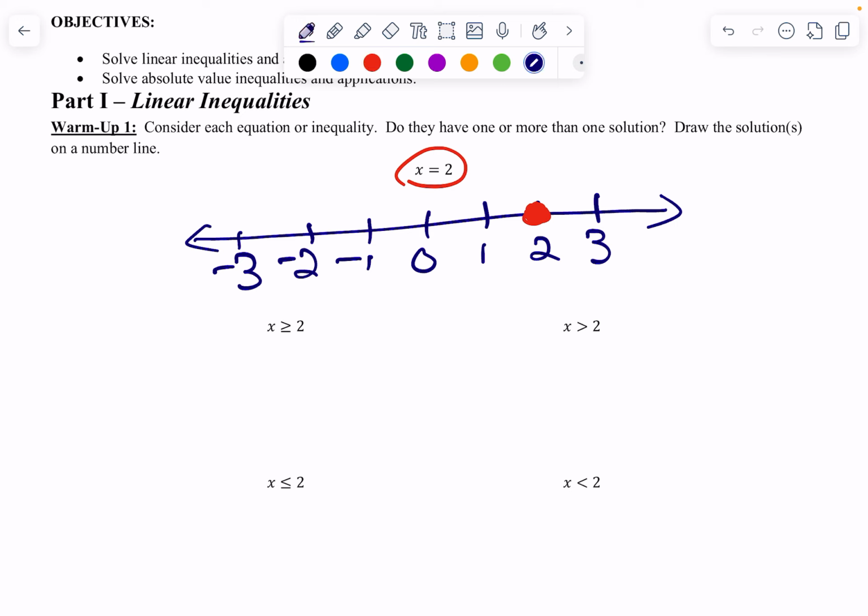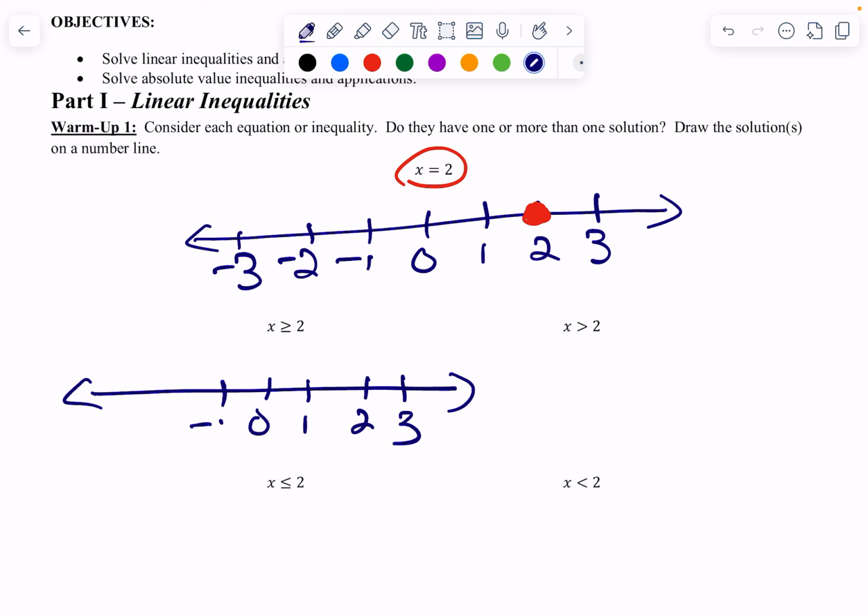Now, our next one is x is greater than or equal to 2. Now, the line under here means the equal.